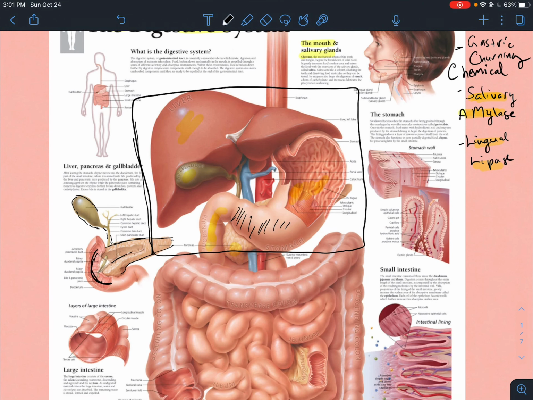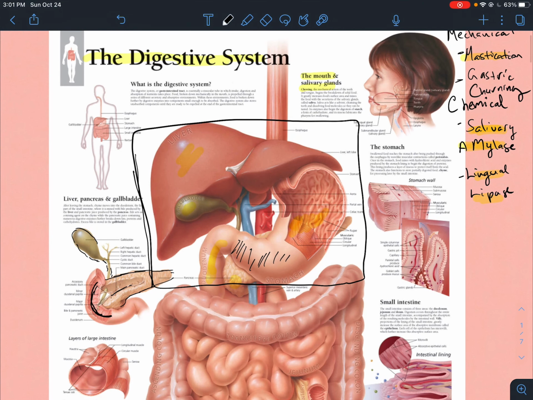So, what happens when you first put food in your mouth is that the chemical digestion is occurring from the saliva coming out of the salivary glands. At the same time, you have mechanical digestion from the mastication.